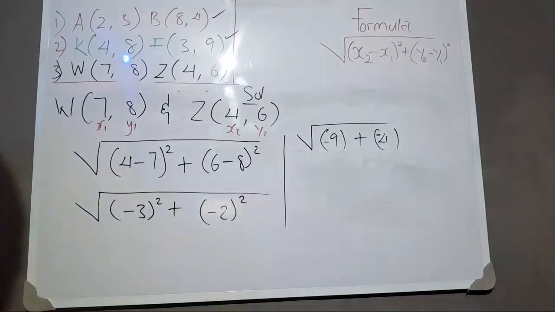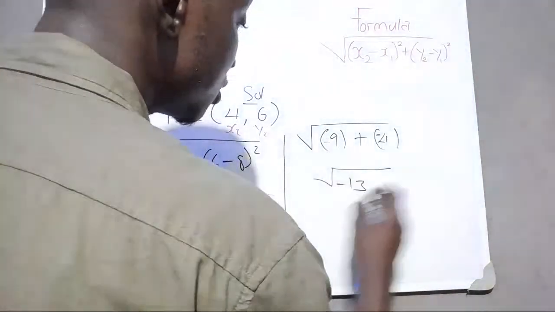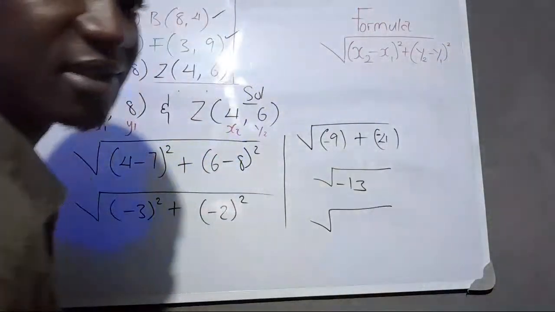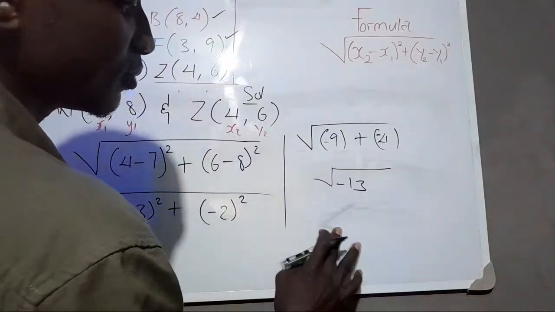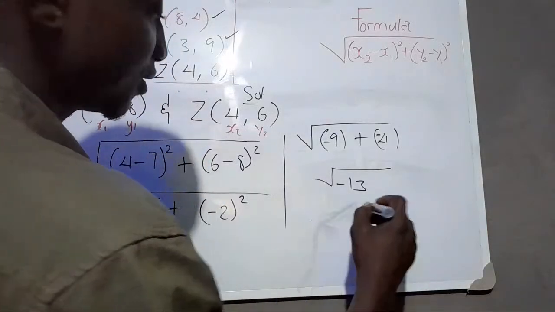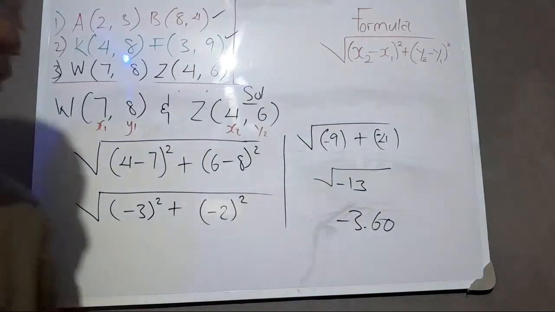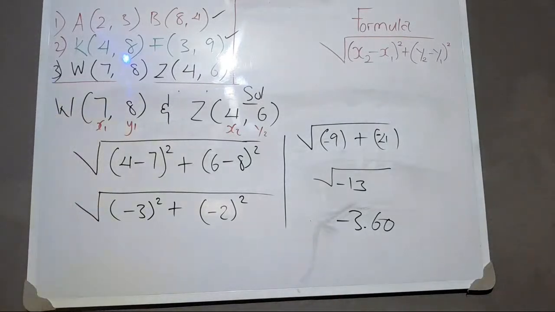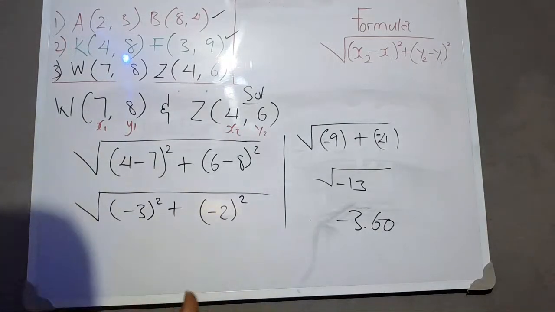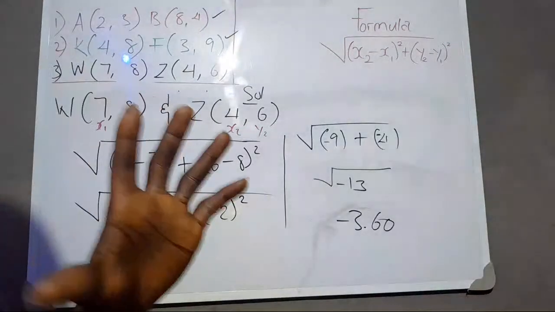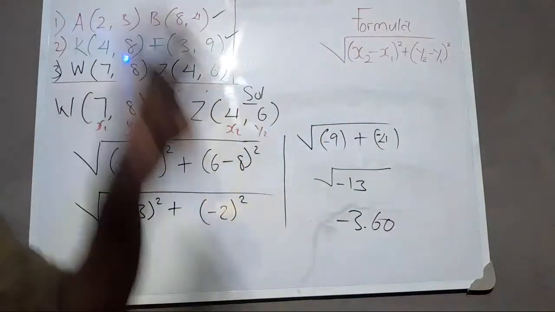So the best thing we can do in this case is to bring this down. So the square root of 13 is 3.60. So we just add a negative sign to it. So it is what it is. I believe to this extent we have the concept in mind now, and if we come across questions like this, attempting them will not be a problem.